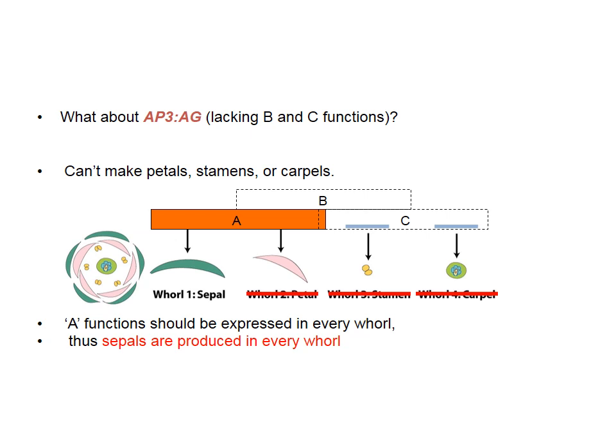When AP3 and AG are mutated, that is lacking B and C functions, it can't produce petal, stamen and carpel, which means only sepals are present over here. A function should be expressed in every whorl, thus sepals are produced in every whorl.